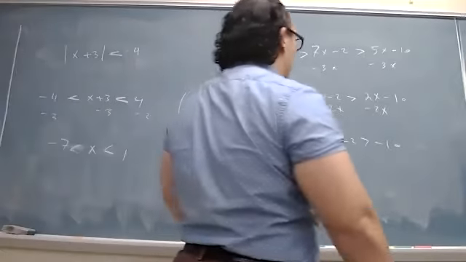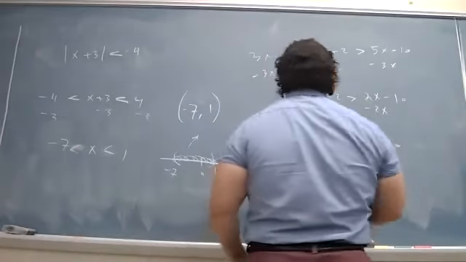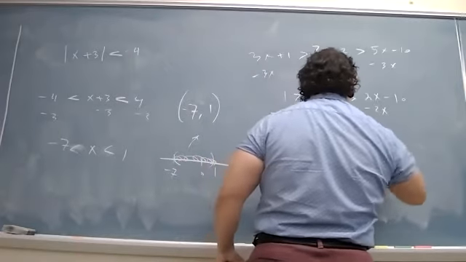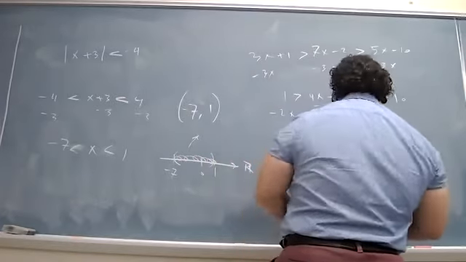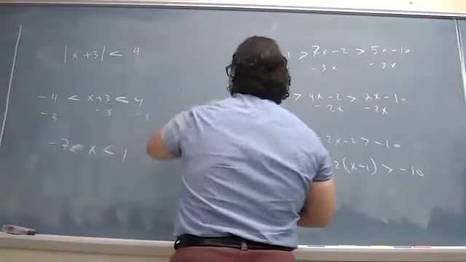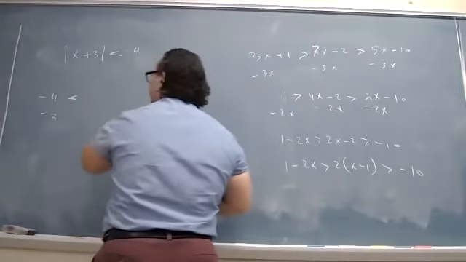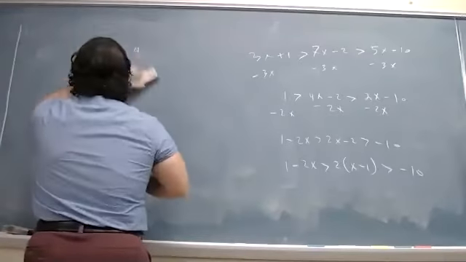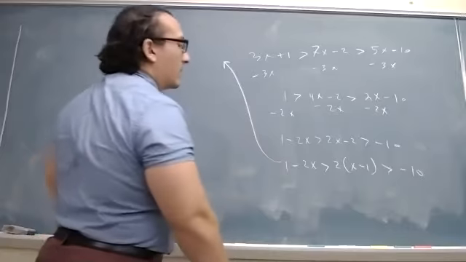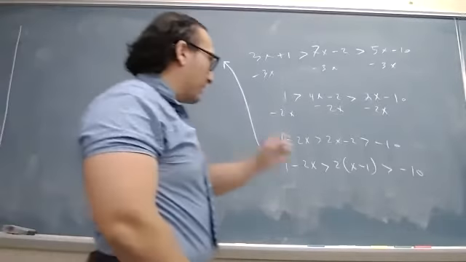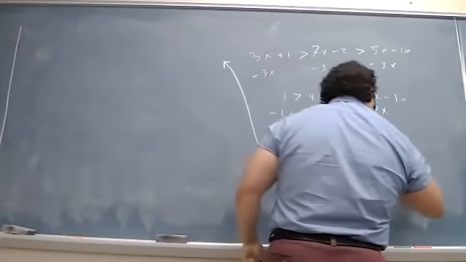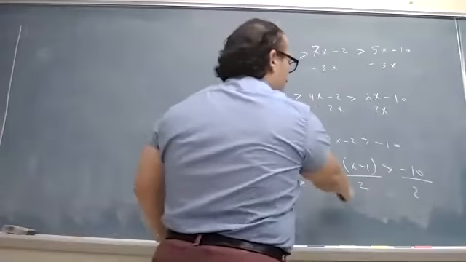What I can notice is that in the middle term, I can factor out a 2 from each of those terms. Notice that this is begging us to divide all 3 pieces by 2, so these 2's cancel.